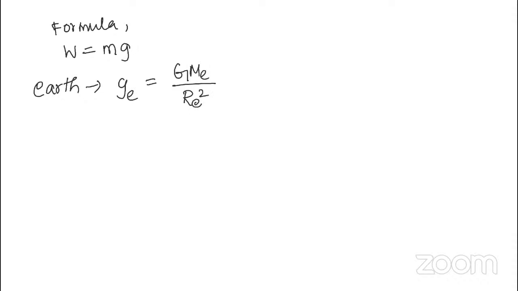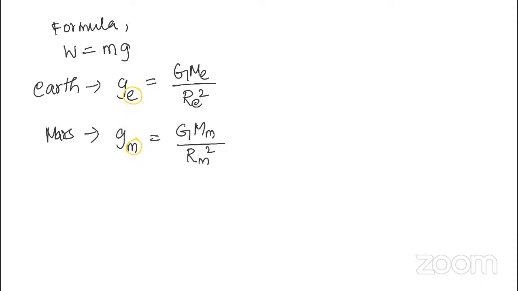Similarly, we write the expression for Mars: g of M is equal to G, mass of the Mars, divided by R M square.